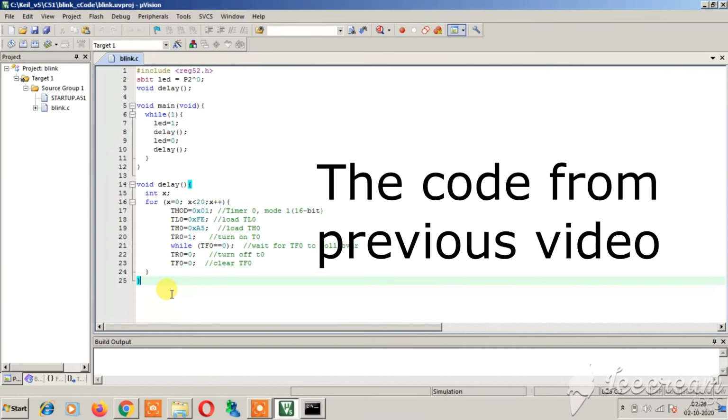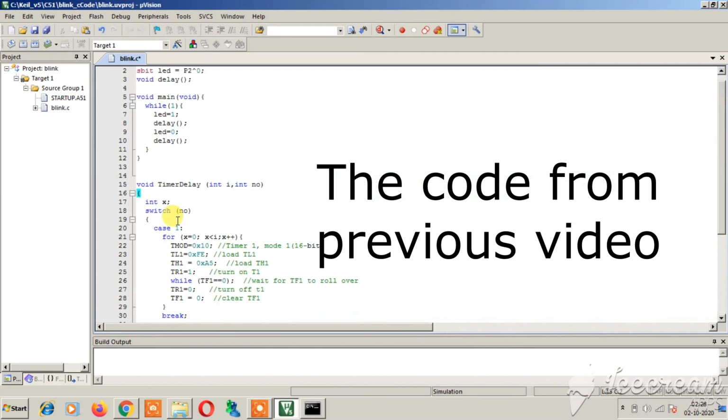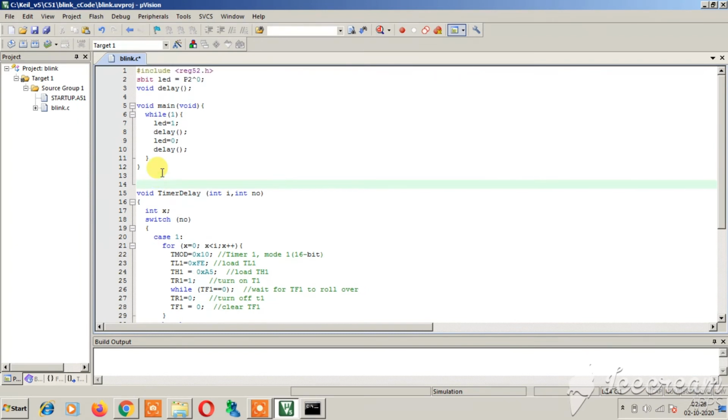Now I should be modifying the previous code with this function we have just discussed, and we will be using this function now. You should be modifying it as timer delay, with int x, int number as the declaration. Now this will generate the timer delay.